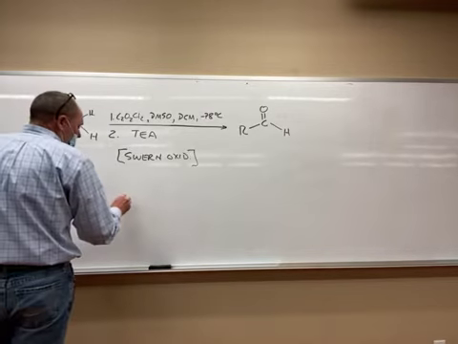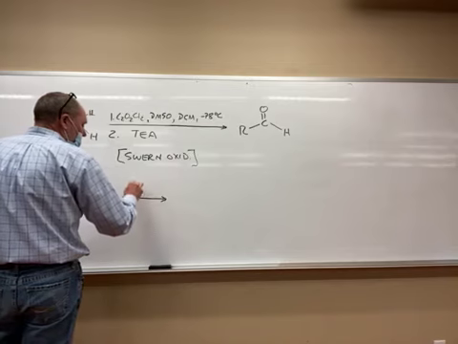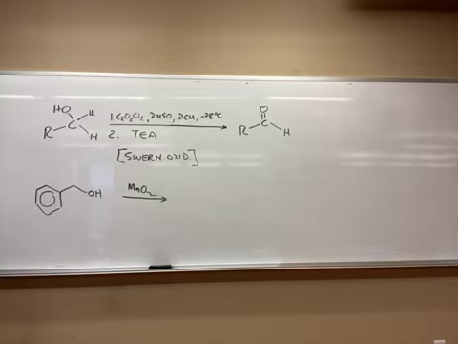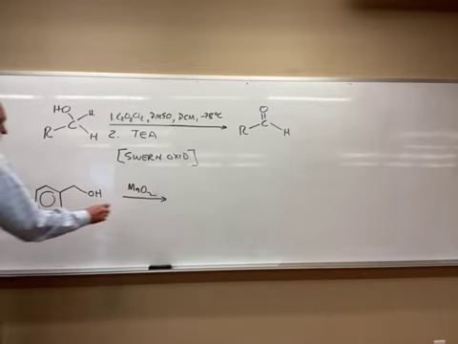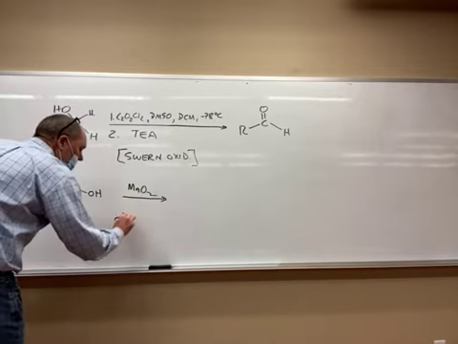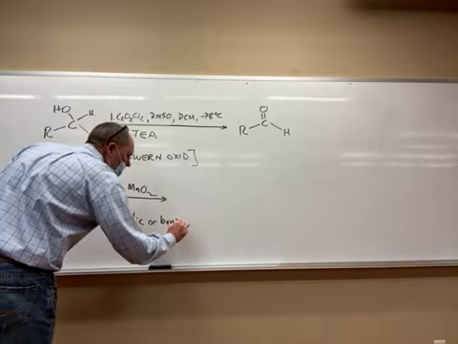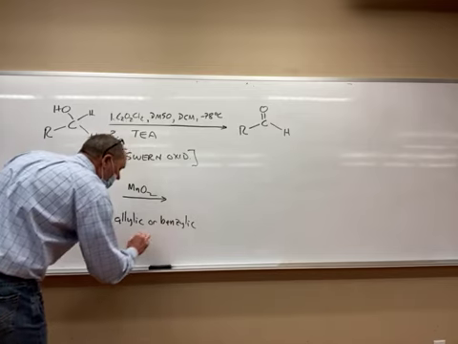But basically, if I put this in with manganese 4, okay, manganese 4 is a very special oxidizing agent. It's very mild. It can only oxidize allylic or benzylic alcohols.